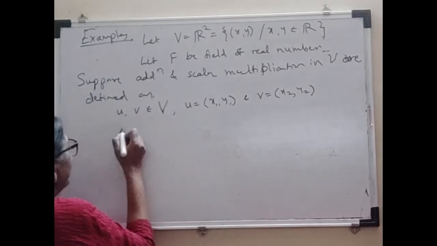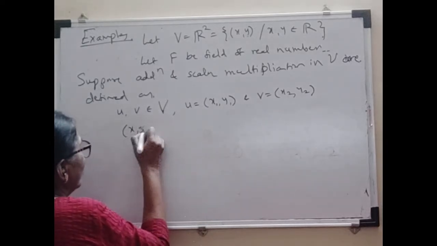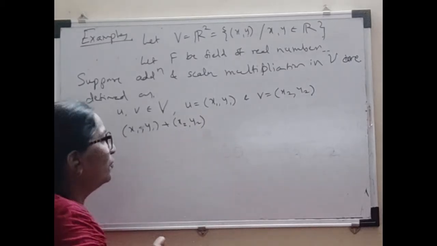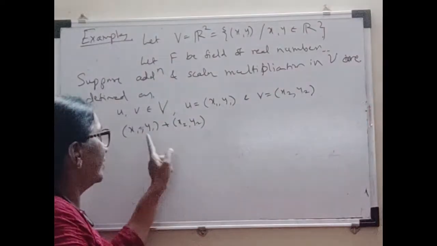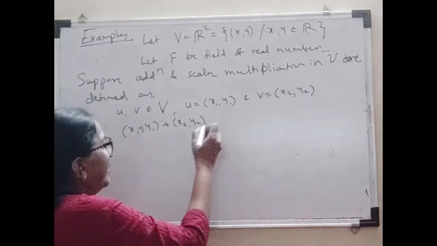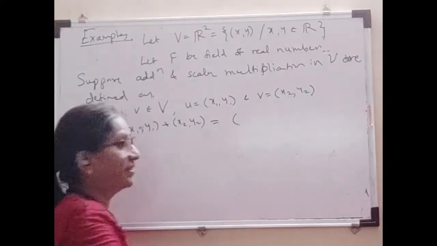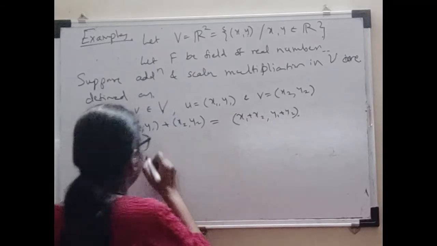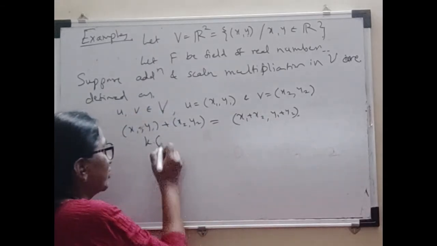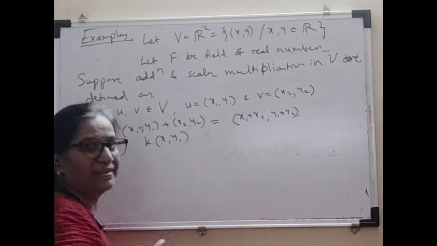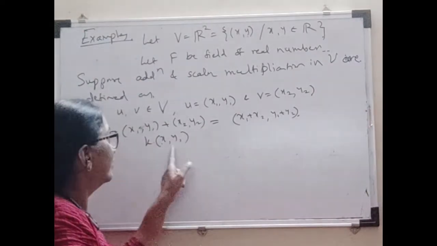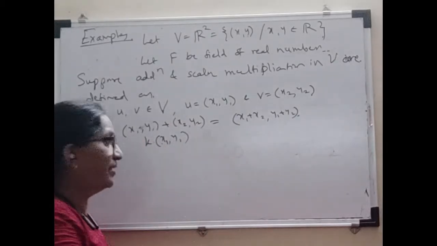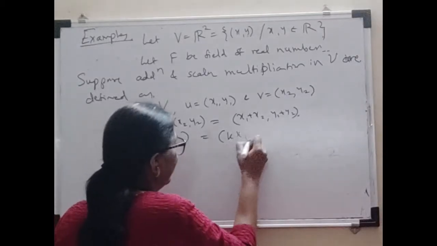Then addition, the sum of two vectors in V, is defined tuple-wise as (x1 plus x2, y1 plus y2). Similarly, scalar multiplication is defined as k into some vector u of V, that is k into (x1, y1), equal to (kx1, ky1).